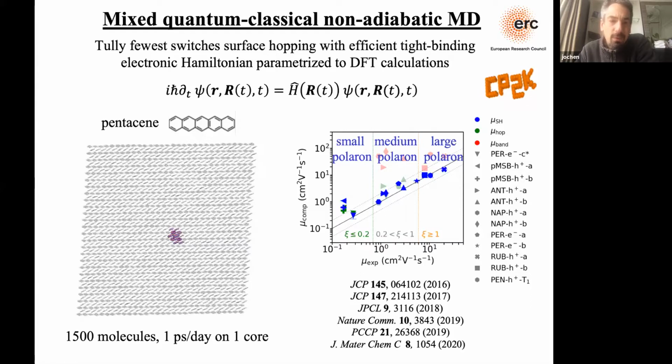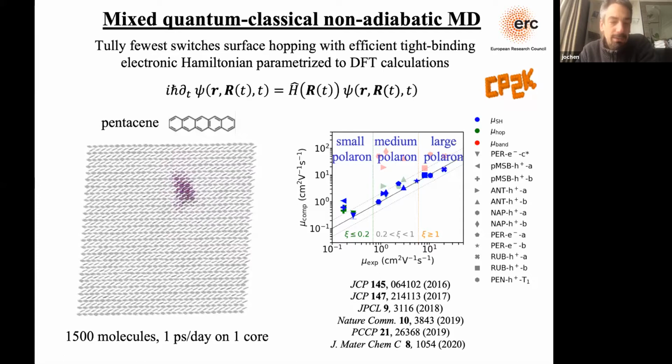We are solving this equation coupled to nuclear motion, and here is a movie. This is the whole carrier wave function propagated in time in a pentacene crystal. What you see is that it's a highly dynamical object, and so you need very large system sizes to converge the diffusion of these polarons. So we can do this.